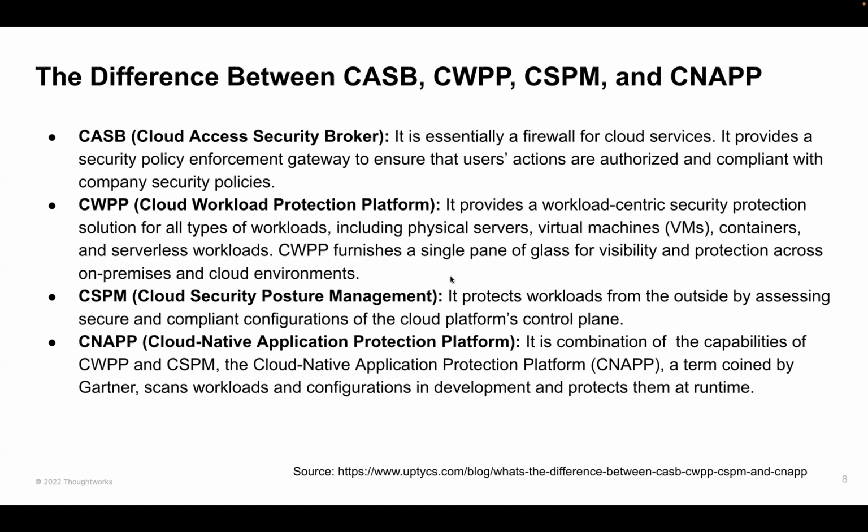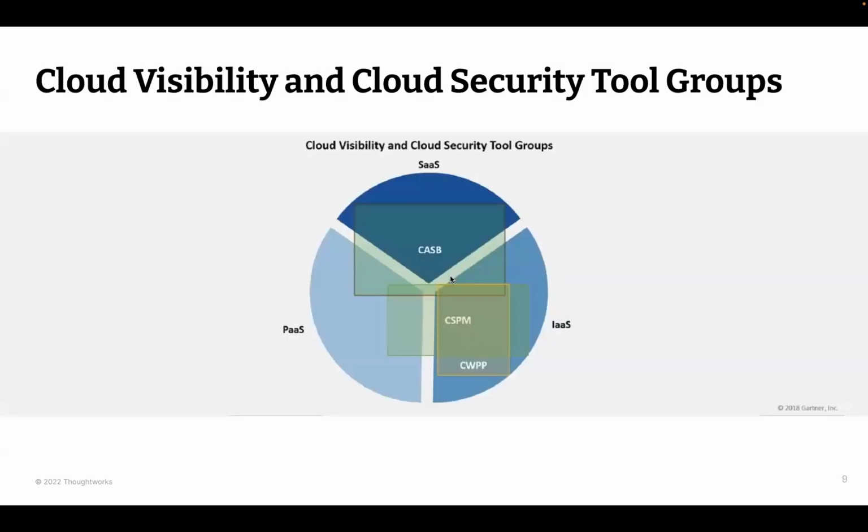Any questions on the difference between these tools? Okay, so that's what I was explaining in the previous slide. The SASP tool sits on the SaaS platform, where you can have user profiling, tokenization, and put policy controls in place, like who should be able to do what.